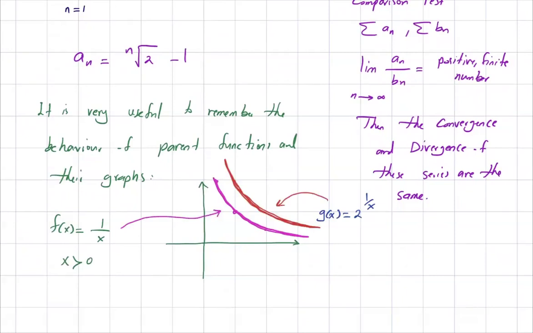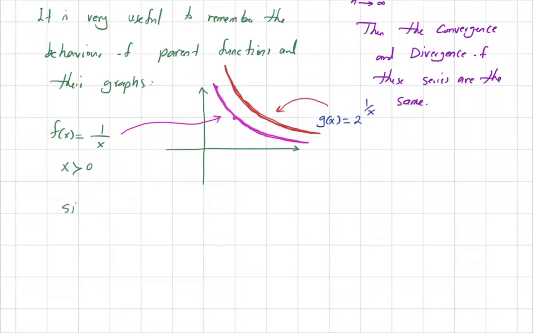So since the behavior of the graph of 1 over x and 2 to the power 1 over x, or the x root of 2, are the same, I'm going to compare this general term with 1 over n.